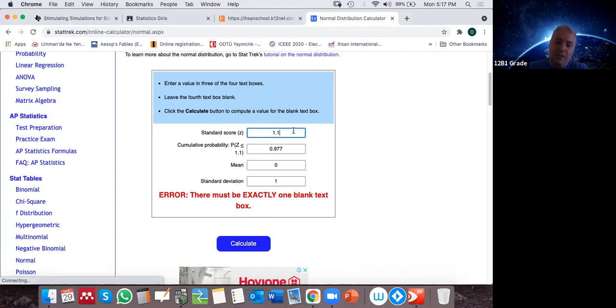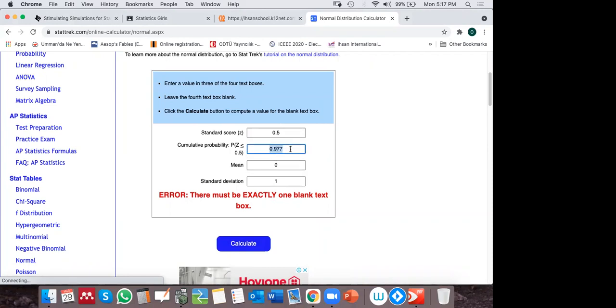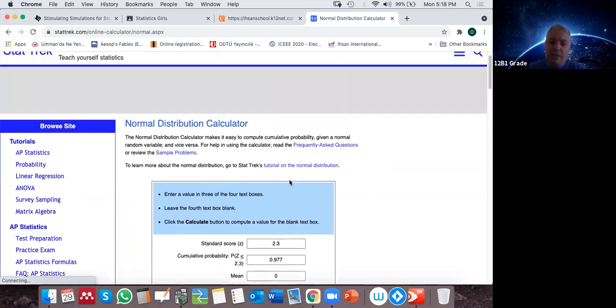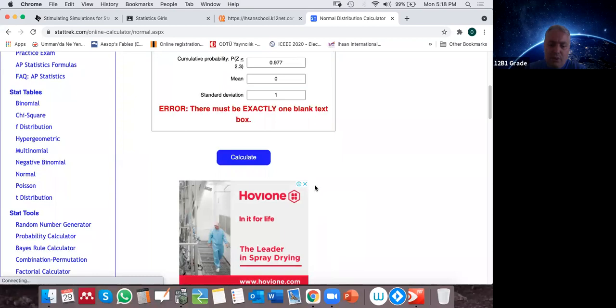It is not changing, so there's a problem here. It always gives the same thing, so it's not a good idea to use this, or there is a bug, I don't know what it is.